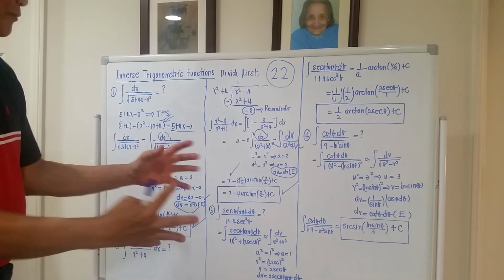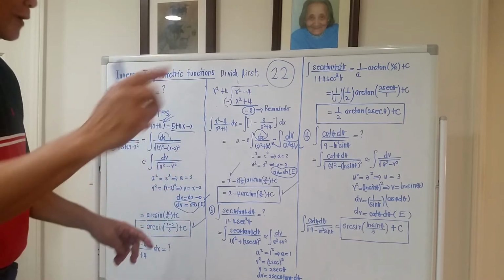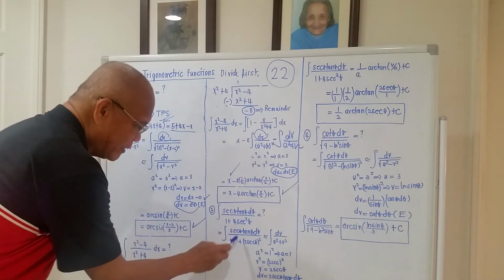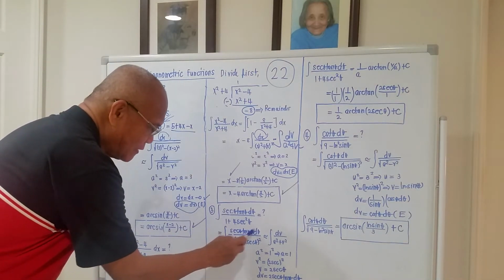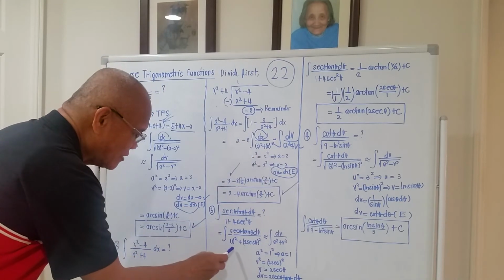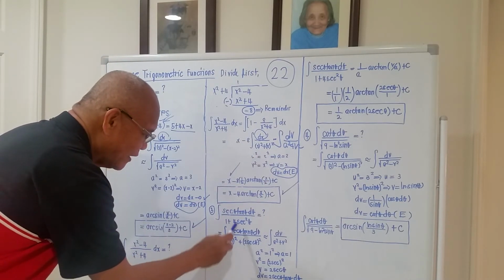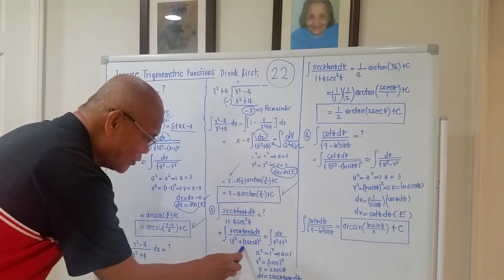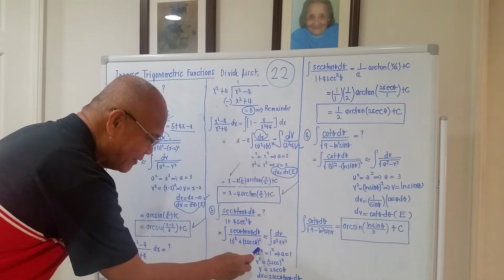But we must do something for it to fall under arctangent. The 1 is just 1 squared, and 4 secant squared of theta can be written as 2 secant of theta quantity squared.